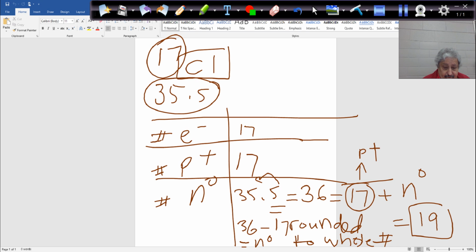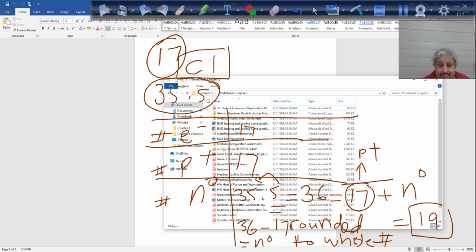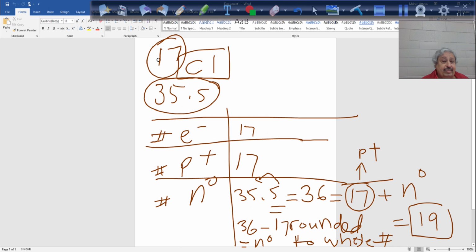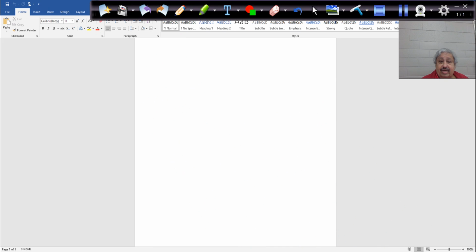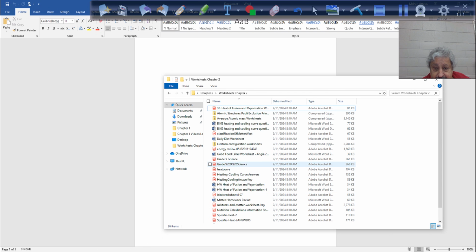So let's do the worksheets. Let's see if we can make a worksheet here. Everybody has this? Okay, let's take this one out and look at one of the worksheets.